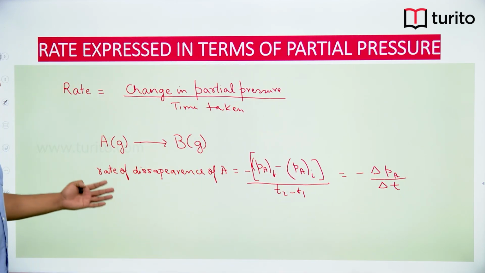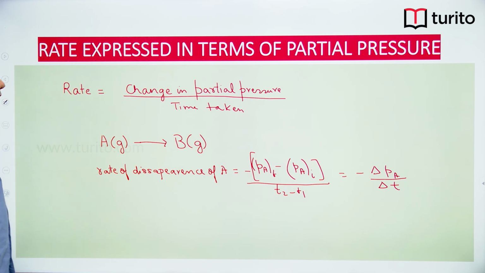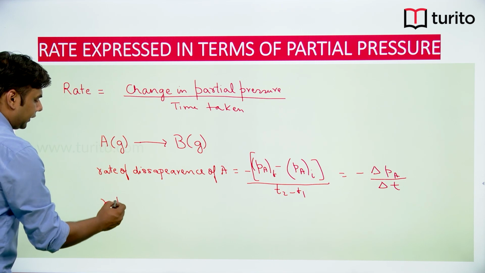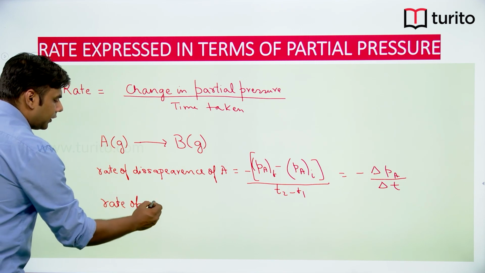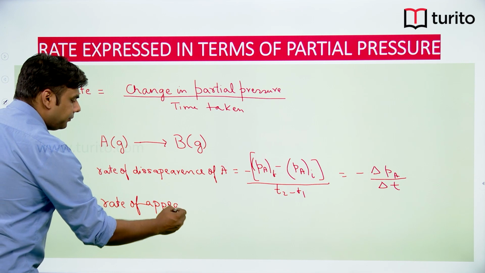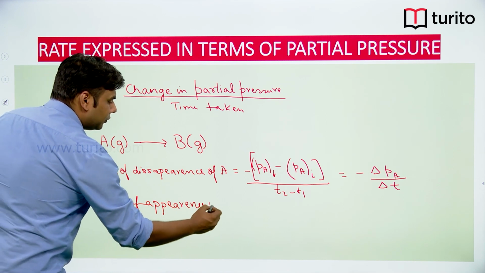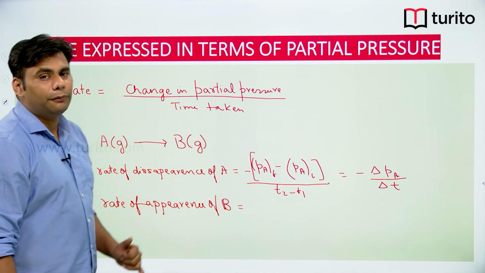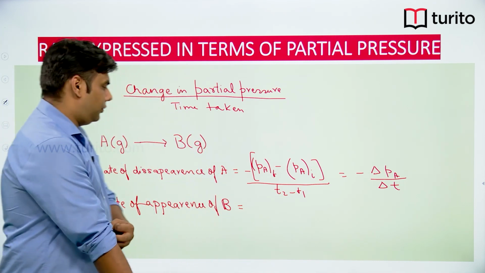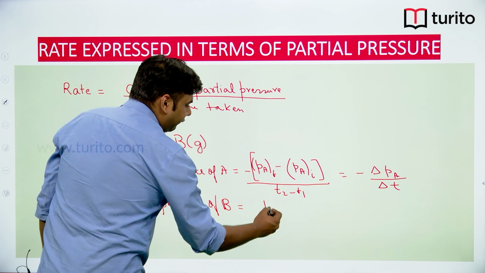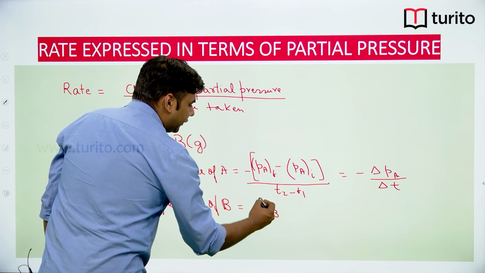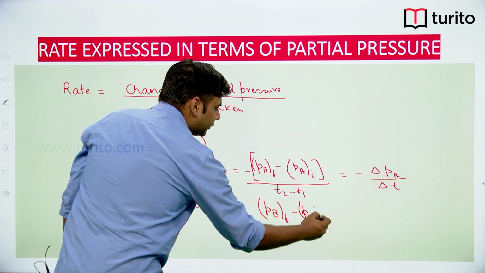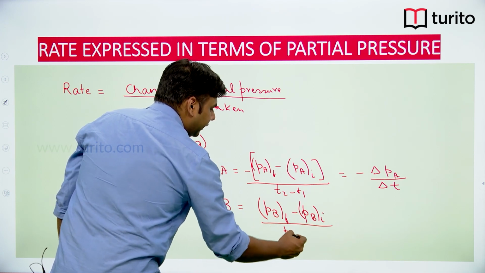It is similar to what we were doing in terms of concentration. Now if we want to calculate the rate of appearance of B, we know that initially B was not formed, so the partial pressure of B at the start would have been 0. So we define this as the final partial pressure of B minus initial partial pressure of B divided by time taken.